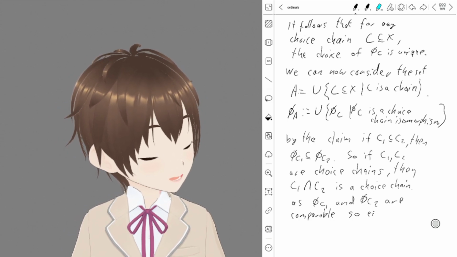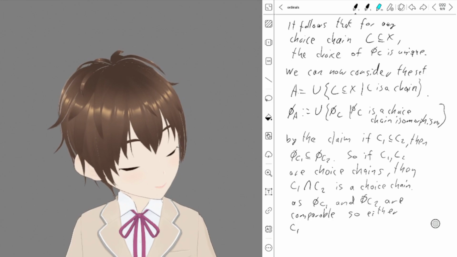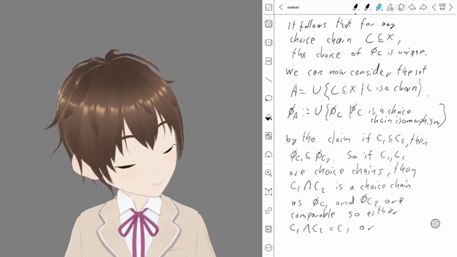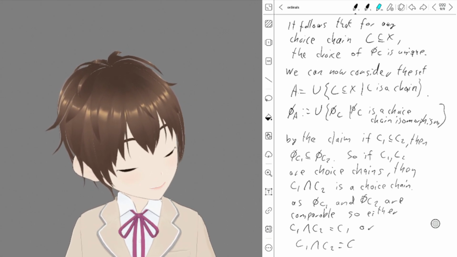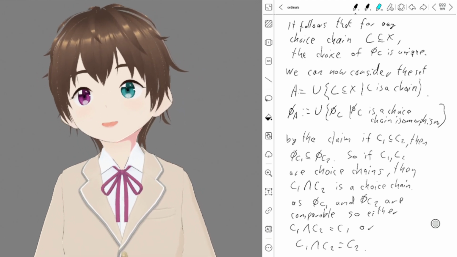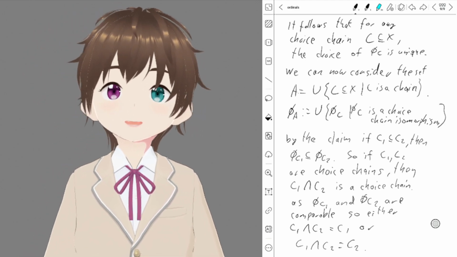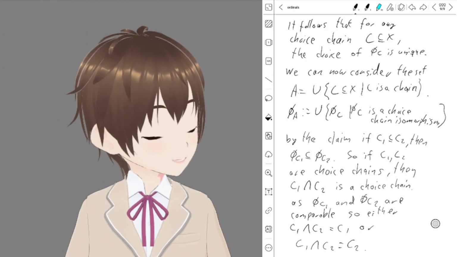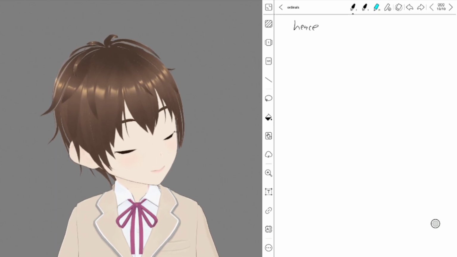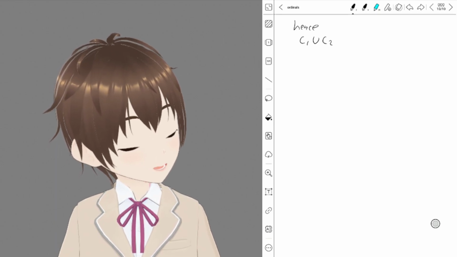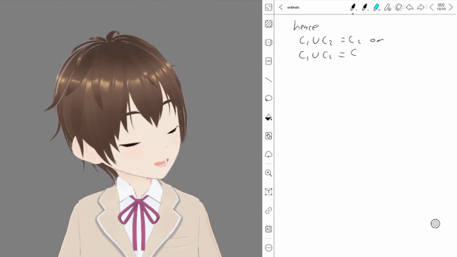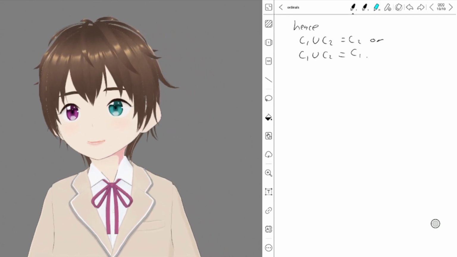So either C1 cap C2 equals C1, or C1 cap C2 equals C2, which means now if I have any two choice chains at all, then their union is also a choice chain because the union is equal to one of them. So hence C1 cup C2 equals C2, or C1 cup C2 equals C1.